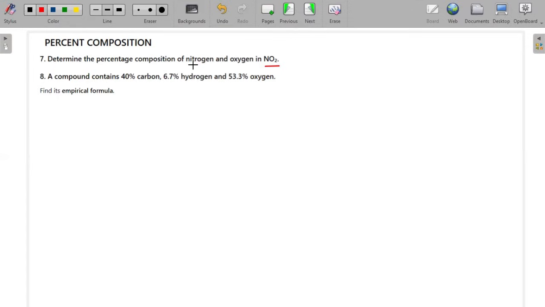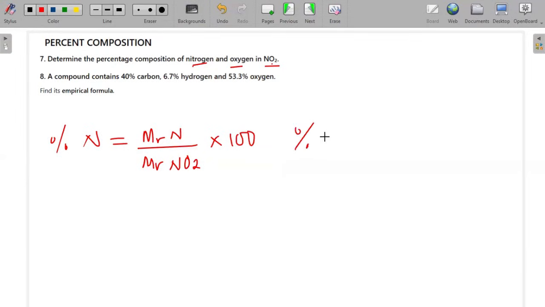So the percent of nitrogen equals the molar mass of nitrogen divided by the molar mass of NO2, multiplied by 100. In the same way, the percent composition of oxygen is the molar mass of oxygen in NO2 divided by the molar mass of NO2, multiplied by 100.